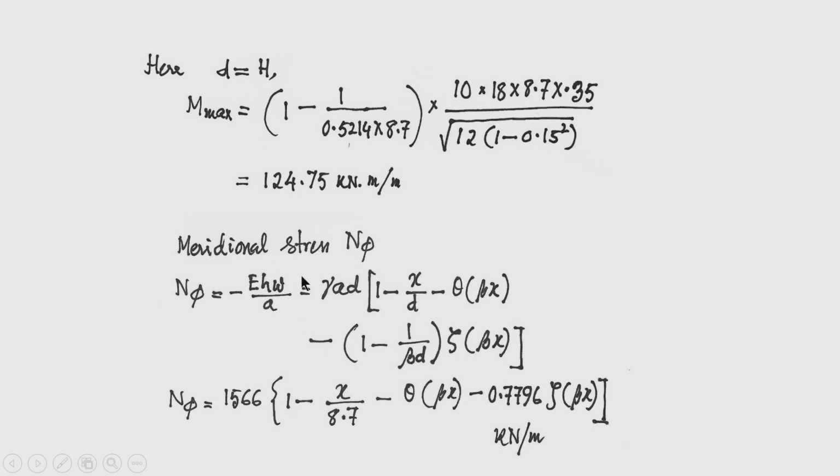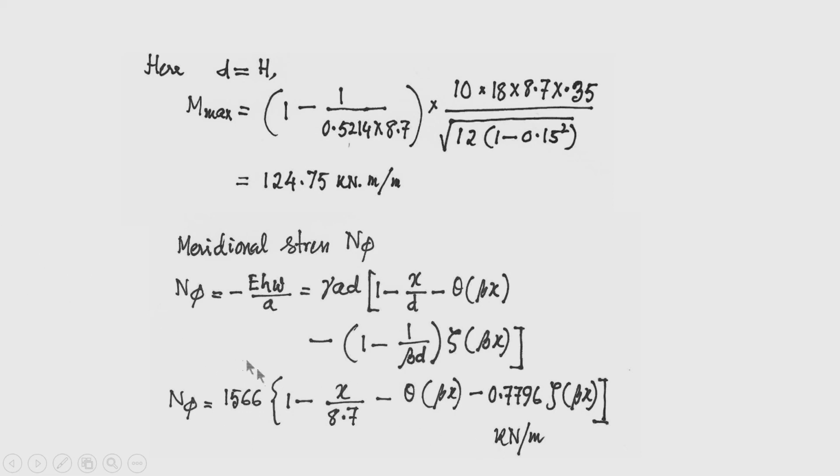After substituting the numerical values, with force in kilonewton and length in meter, we get N phi as 1566 into (1 minus x by 8.7 minus theta beta x minus 0.7796 xi beta x), and its unit is kilonewton per meter.